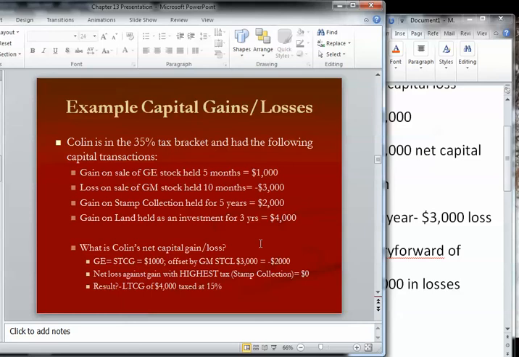What we end up reporting then is a net long-term capital gain of $4,000. That'll be taxed at the maximum 15% rate. So we net within holding period first, and then if there is a net loss in the short-term category, we're allowed to use that loss against the next highest remaining tax bracket of gains, in this case, the collectibles.